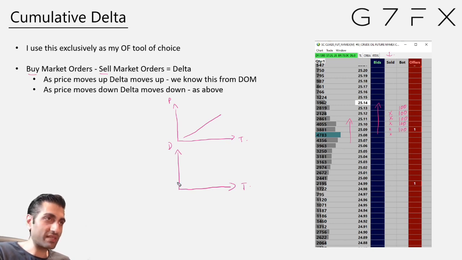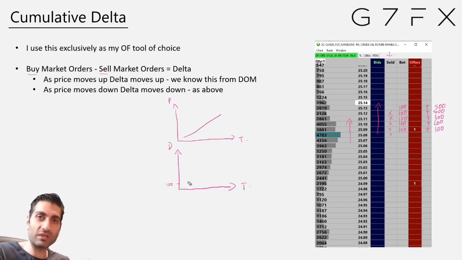So if this was in 100 contract increments, the delta's going plus 100. Then cumulative delta is just adding the deltas, so that's another plus 100. 100 plus 100 is 200. Plus 300. Plus 400. Plus 500. Would you agree? It's taken that many contracts to move the market up.